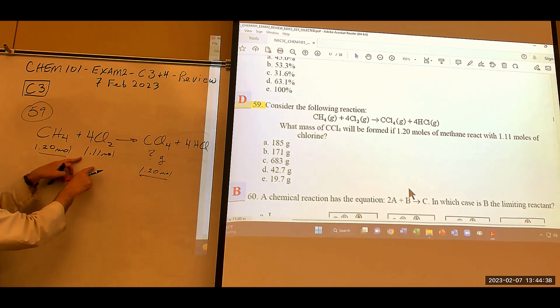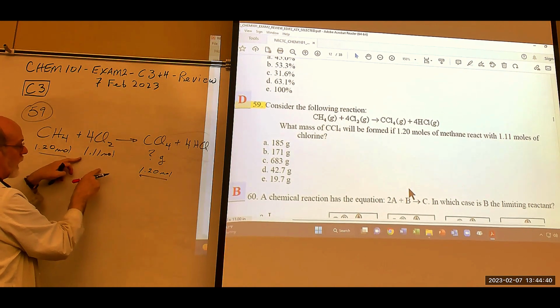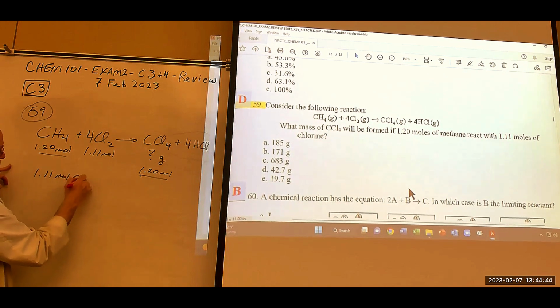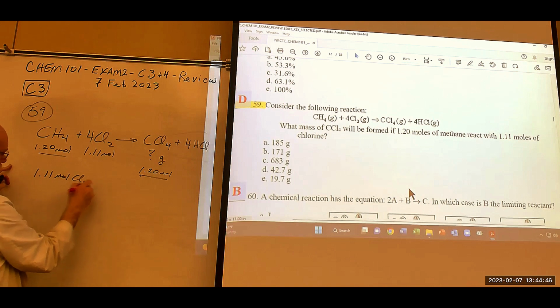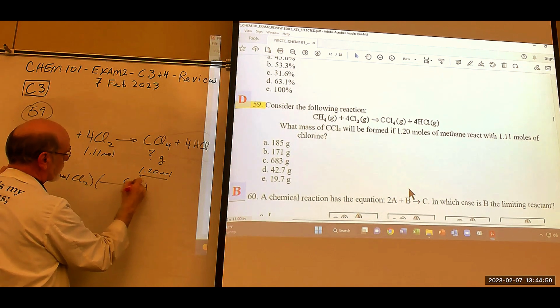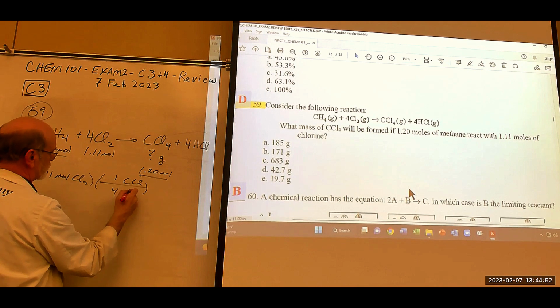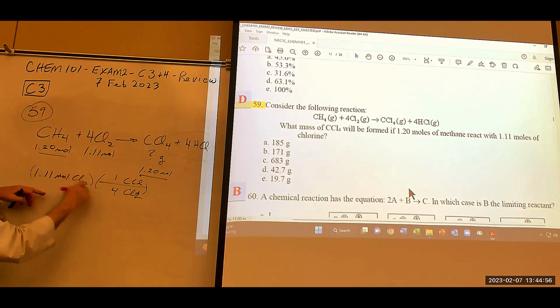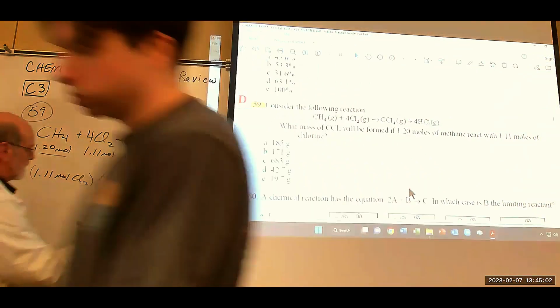If this one were reacted, the ratio is 4 to 1. So we would say 1.11 moles of chlorine and convert it to carbon tetrachloride, which would be 1 here and 4 there. Correct? Ratio cancels this one. So 4 into that one would be less than 0.3.